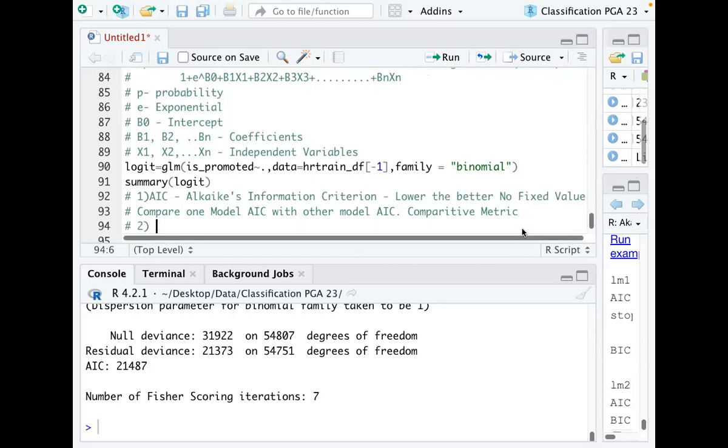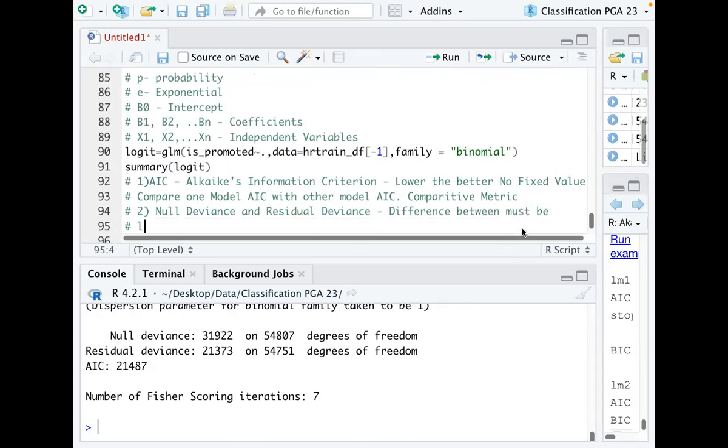The second metric is null deviance and residual deviance. The difference between them must be larger.